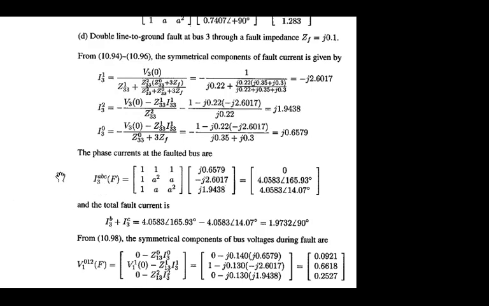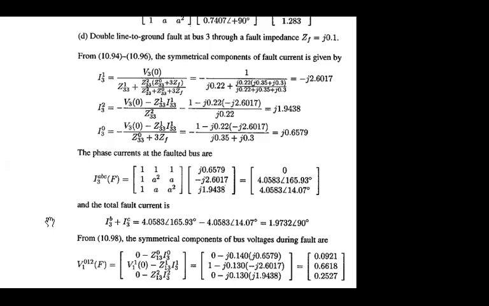For the double line to ground fault, there is another additional thing to remember for the total fault current: you cannot include I3 ABC here. You have to make another additional step for the total fault current in the double line to ground scenario only.